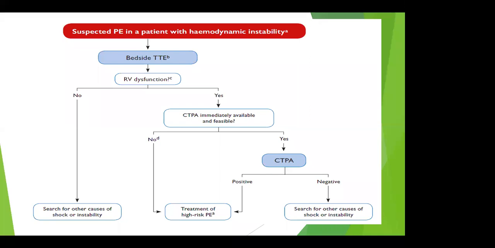If the patient is in shock and the bedside echo does not show any right ventricular dysfunction, PE as the cause of hemodynamic instability is unlikely. However, if right ventricular dysfunction is present, the patient should proceed with an urgent CTPA.